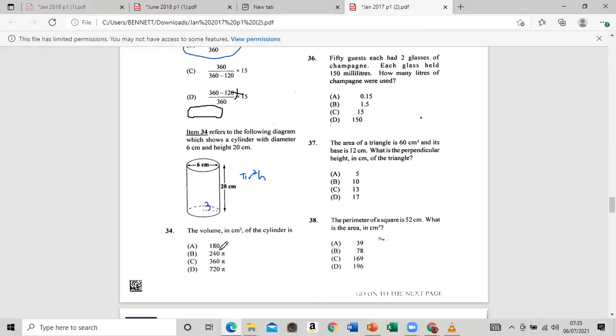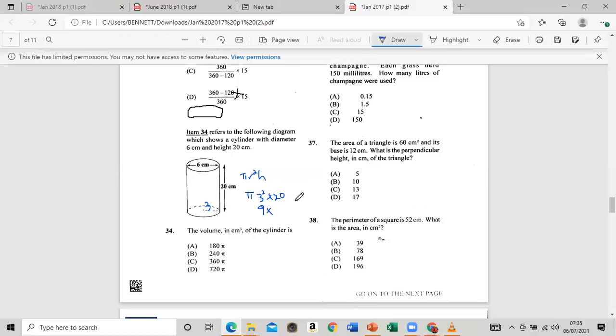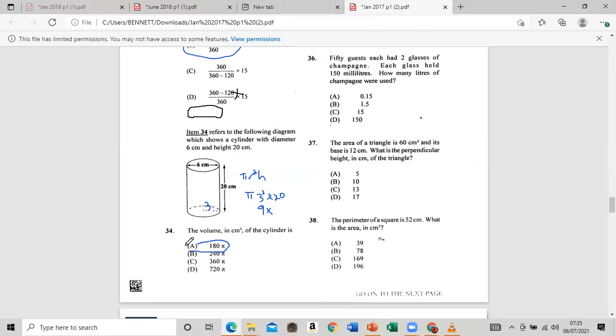Notice that didn't work out to pi, so I'm going to leave pi. So pi times 3 squared times 20. So 3 squared is 9. 9 times 20 is 180. So it's 180 pi.